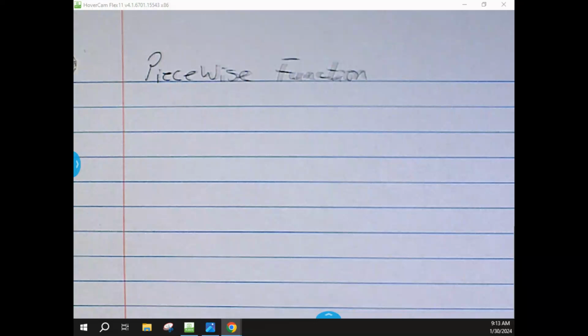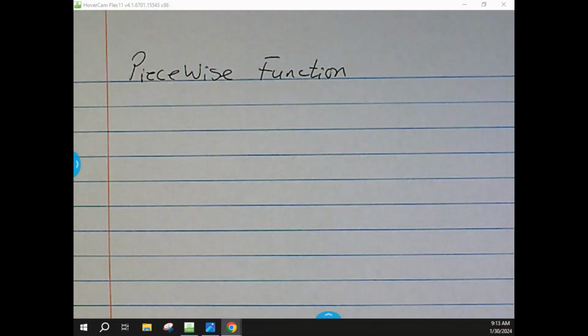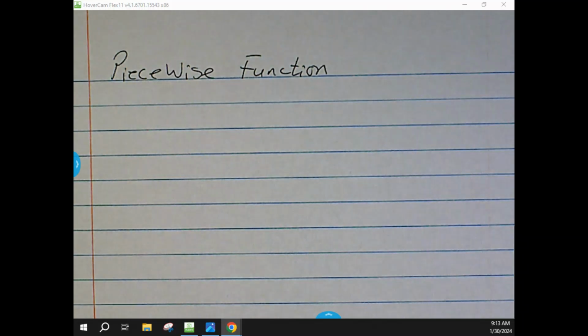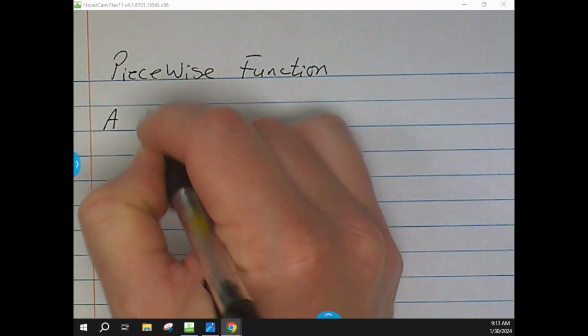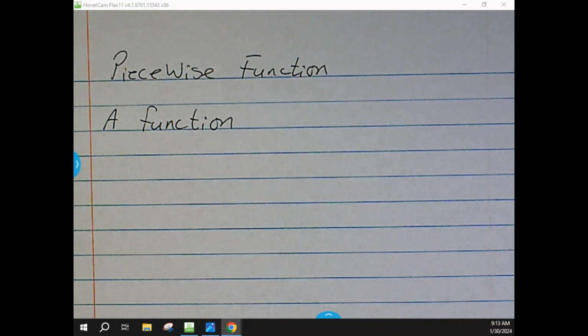But it's a piecewise function. Okay, and a piecewise function sounds like what it is.